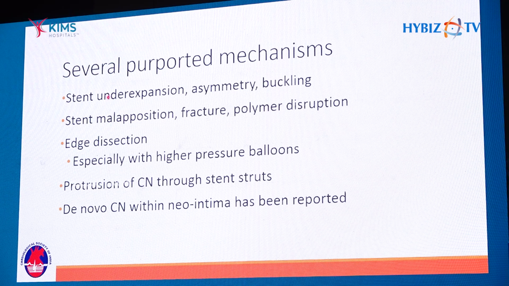Edge dissection is possible because you use a high-pressure balloon. Protrusion of the calcific nodule through the stent cell is also possible. And not only that, a de novo calcific nodule can develop under the neointima of a previously deployed stent.